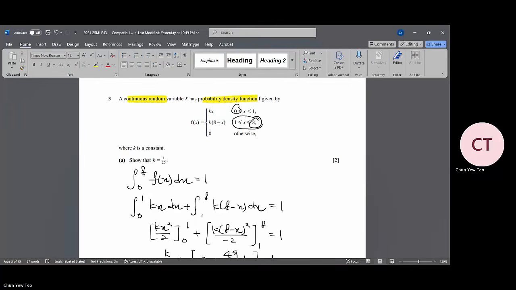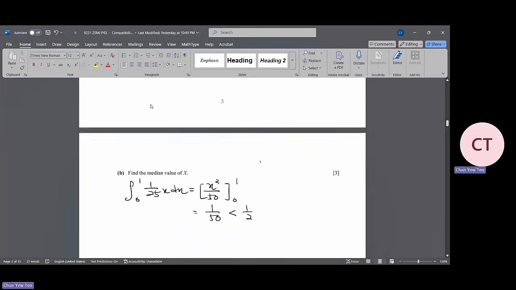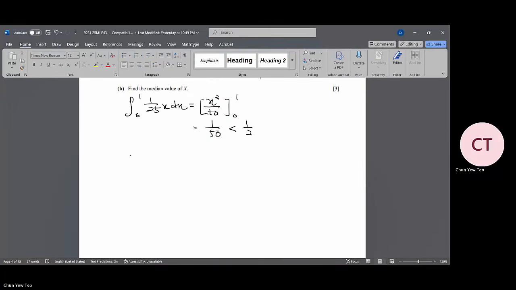So we need to integrate 0 to 1 of 1 over 25 x dx, plus 1 until m of k(8 minus x) dx, equal to half.